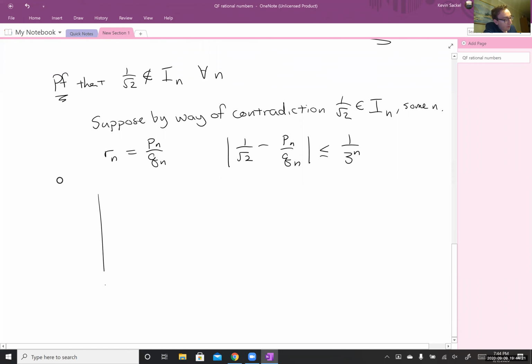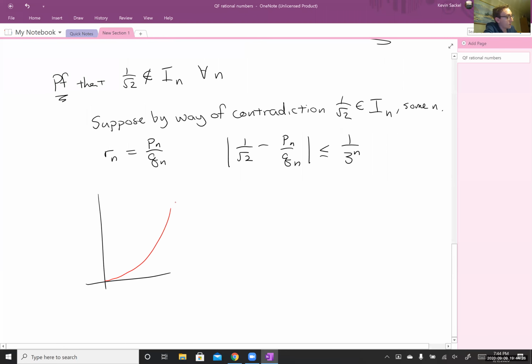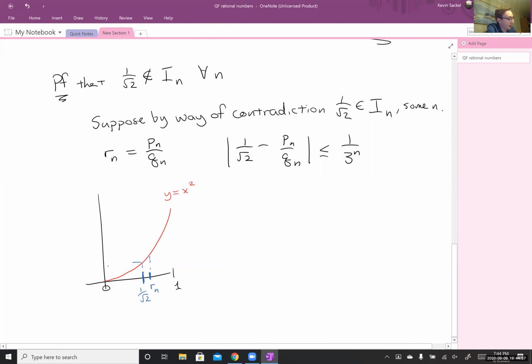So now let's think about the function y equals x squared. Here's the function y equals x squared, and let's just consider it on the interval from 0 to 1. I have these two numbers here: 1 over root 2 is right here, and say I have my P_n over Q_n, or R_n, right here. Then when I look at their corresponding squares, I get 1/2 and I get R_n squared.